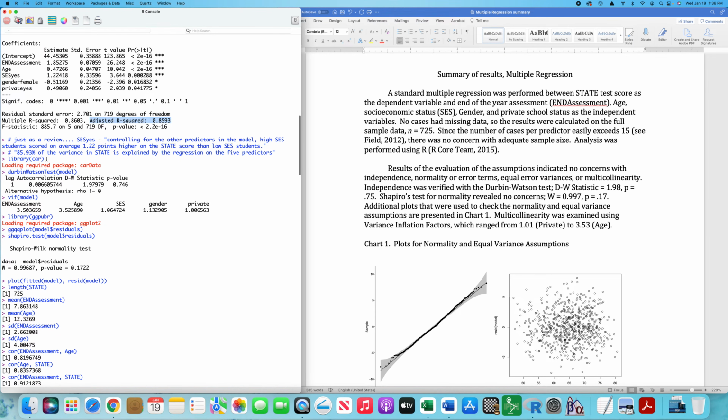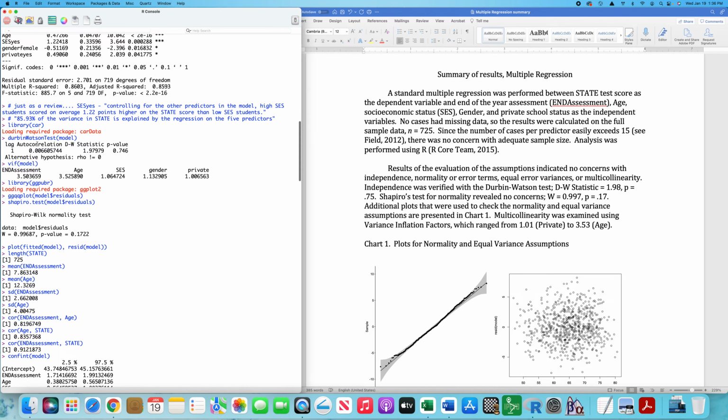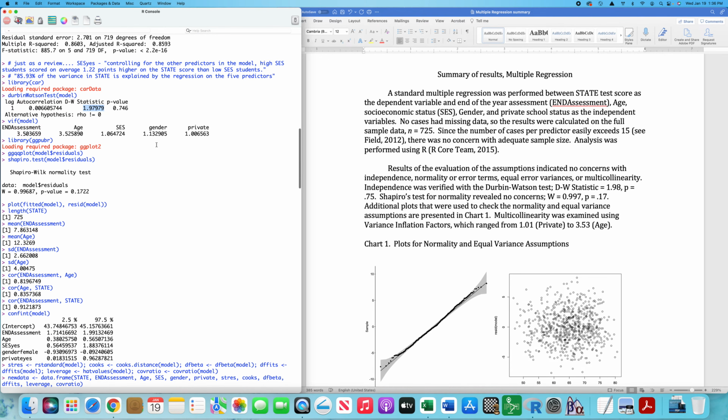Next thing I do is I transition into the assumptions. The first thing I want to look at is the autocorrelation or the independence assumption. Remember, the test statistic we hope is close to 2. So we have no concerns with independence. Next thing I look at is multicollinearity.